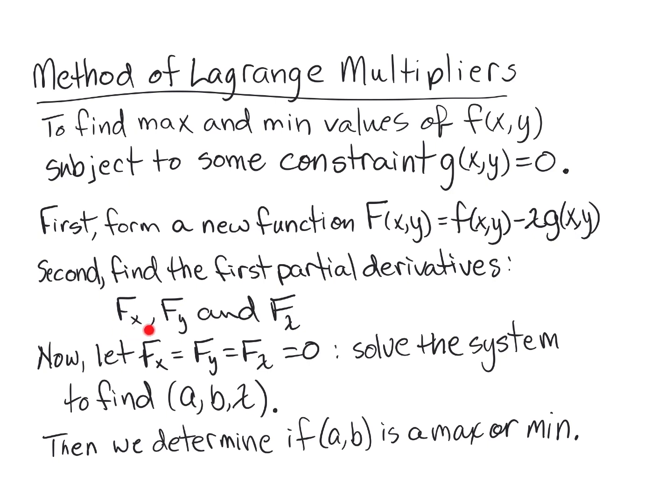Second, we find all of our first partial derivatives. Now, you can have z, w, r, s, t, whatever, but you're going to find all of your first partial derivatives. You're going to set each of those partial derivatives equal to 0 and solve that system to find the values of the x and the y and the lambda, and that will give us our maximum or minimum points.